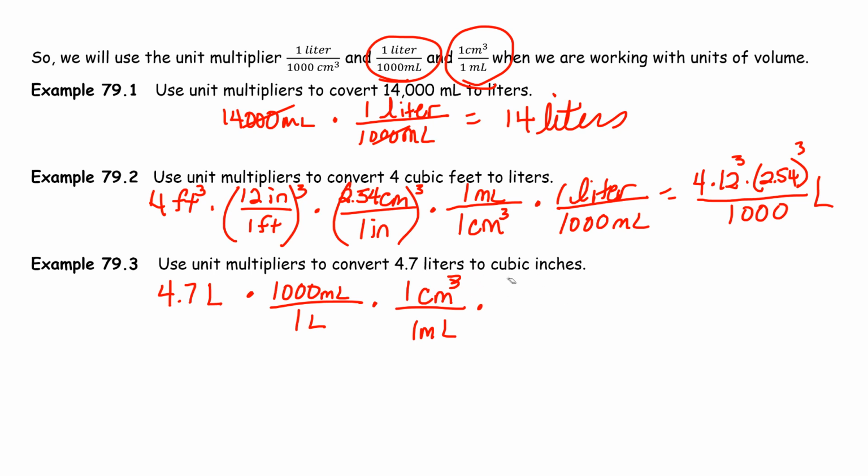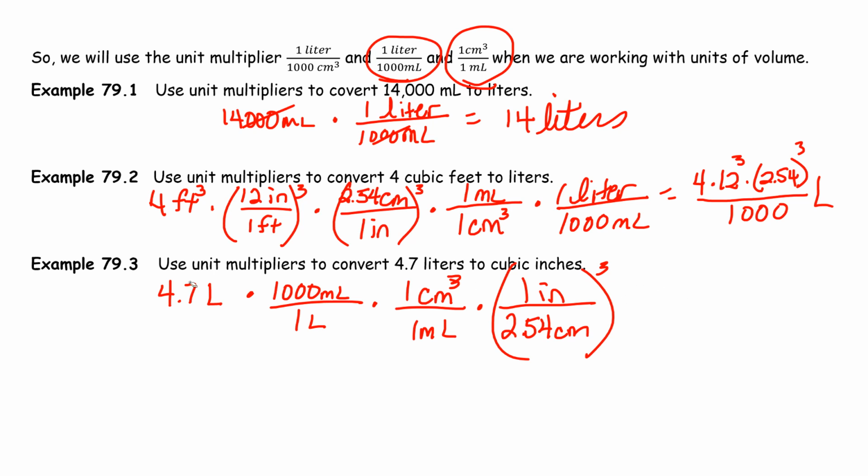I need to get to cubic inches. There are 2.54 centimeters in 1 inch. And I have to cube that because this is cubic centimeters. So I need cubic centimeters to make it cancel out.